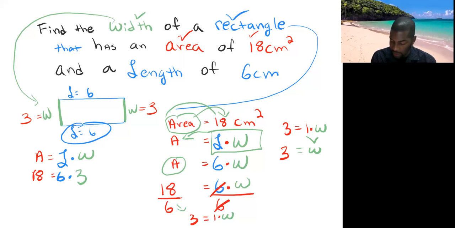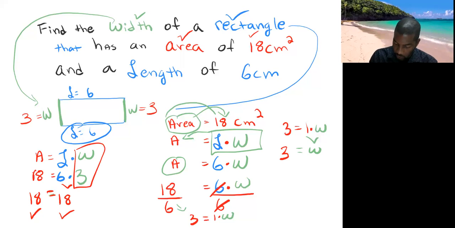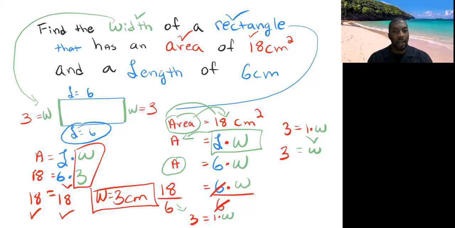Now all I have to do is test it. 6 times 3, what does that equal? Well, it equals 18. Does 18 equal 18? Yep, it does. Then it is good. Our width is 3. 3 what? 3 centimeters. Not centimeters squared, just centimeters. And there you have it. That's how you reverse engineer an area problem.